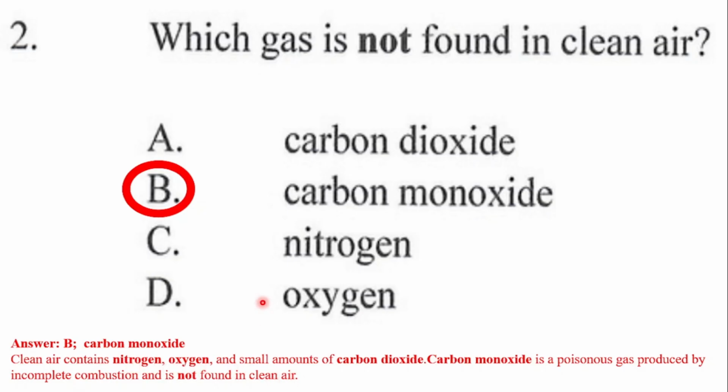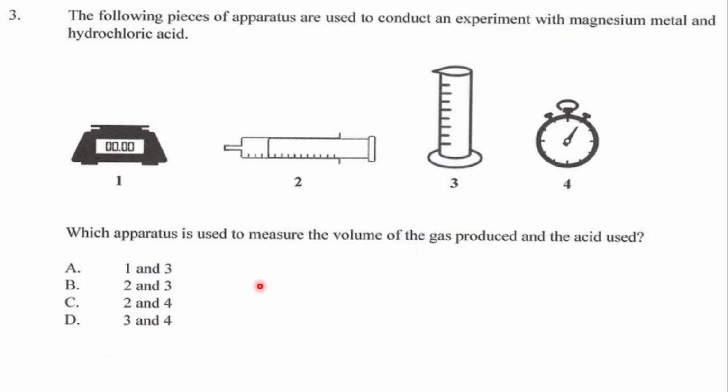Okay, let's move on to question number 3. It says, the following pieces of apparatus are used to conduct an experiment with magnesium metal and hydrochloric acid. Here we have 1, 2, 3, and 4. Which apparatus is used to measure the volume of the gas produced and the acid used?